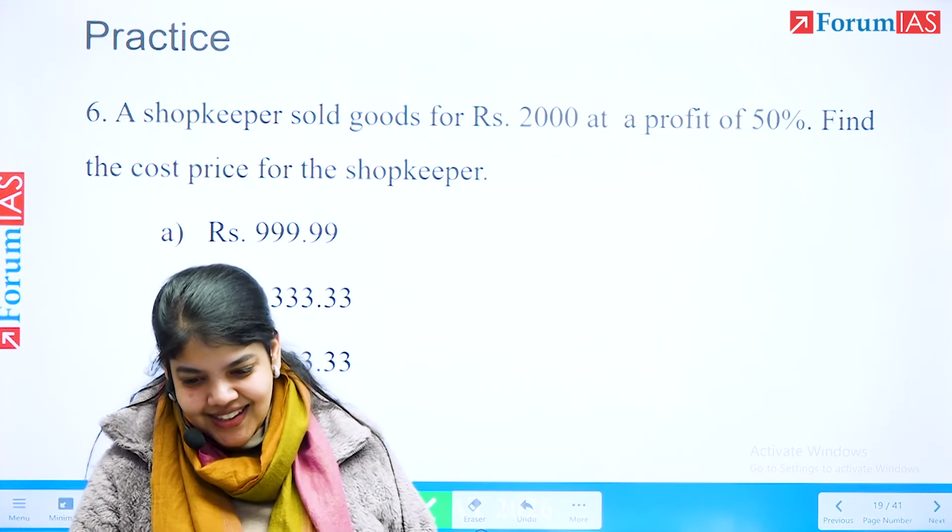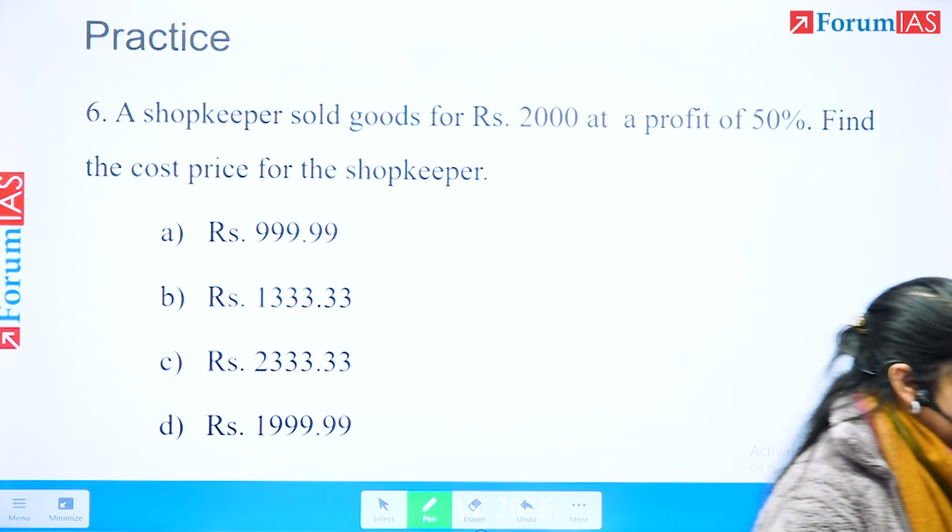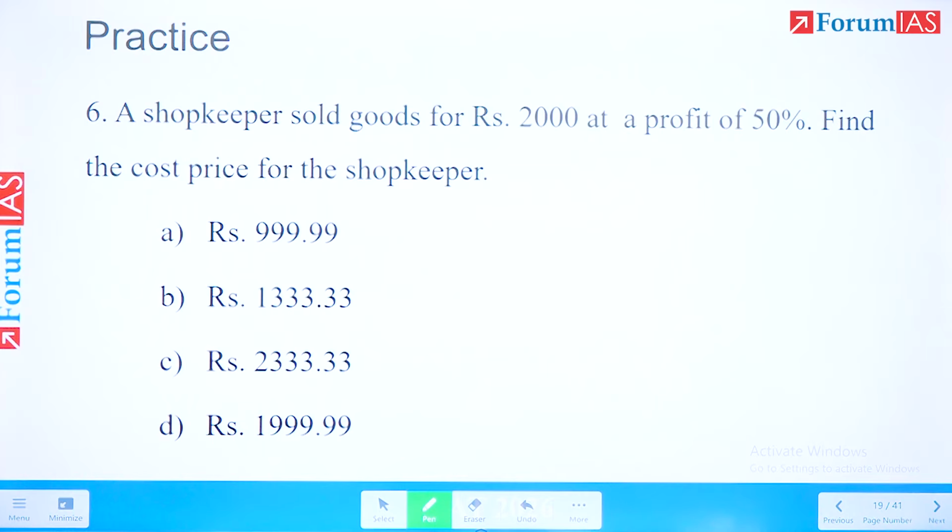Correct, Dhananjay, Ritika, 116.66%. Tell. A shopkeeper sold goods for rupees 2000 at a profit of 50%. Find the cost price. Answer batao bas A, B, C, D.